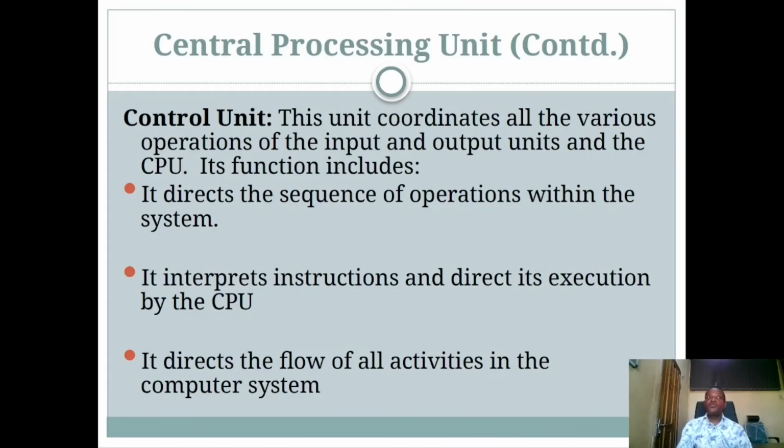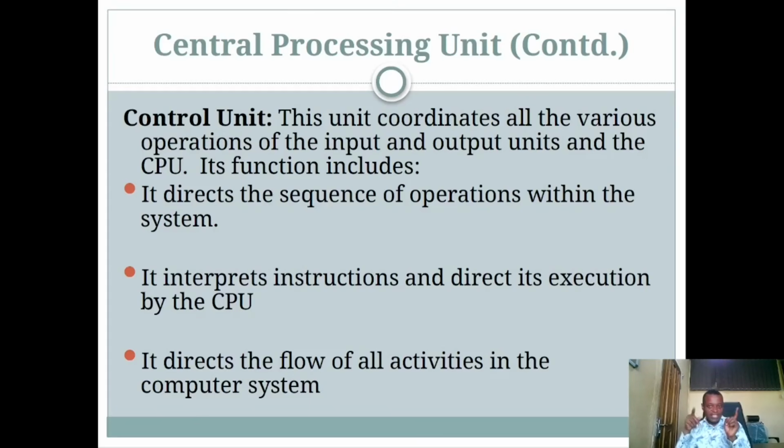Now the control unit is just like a traffic warden on the road or on the street that controls and coordinates traffic flow at the junction. So the control unit is basically responsible for coordinating the various operations of the CPU and by extension the computer system.